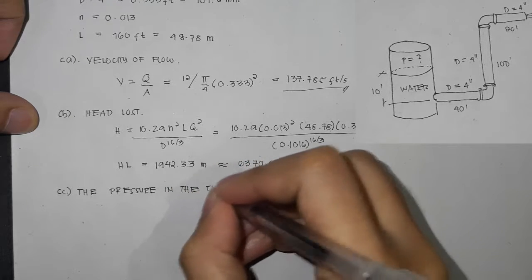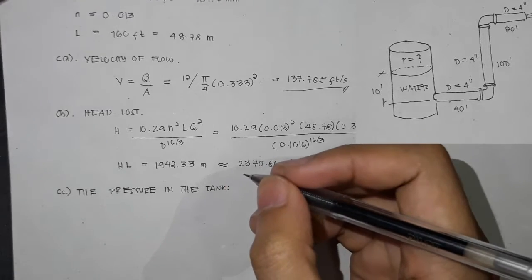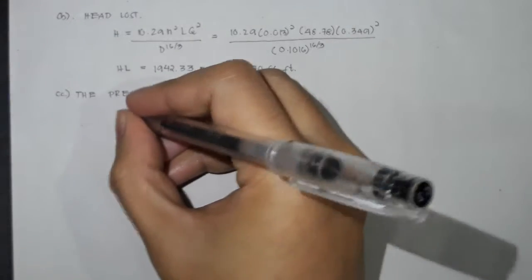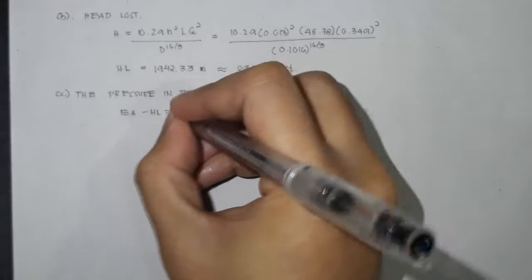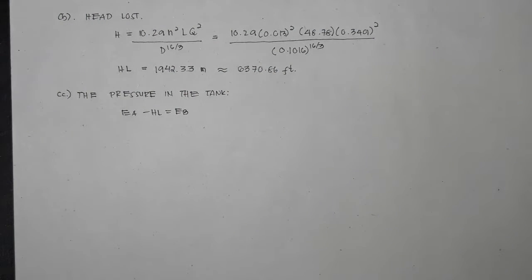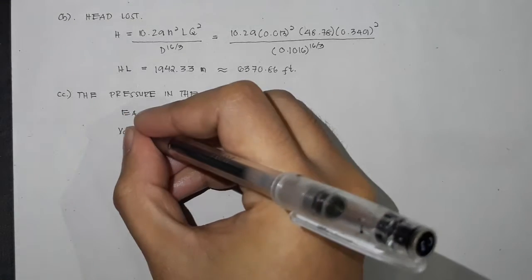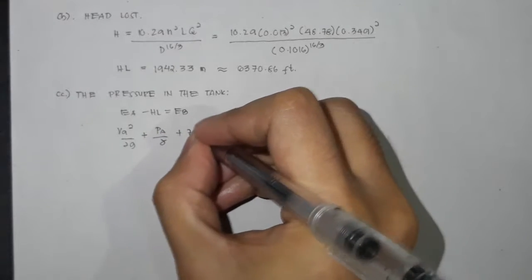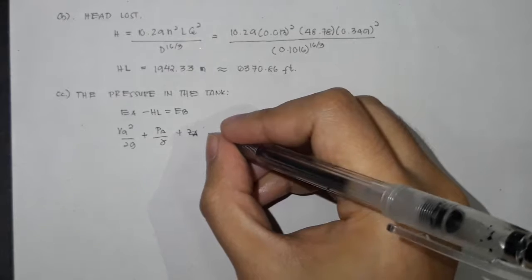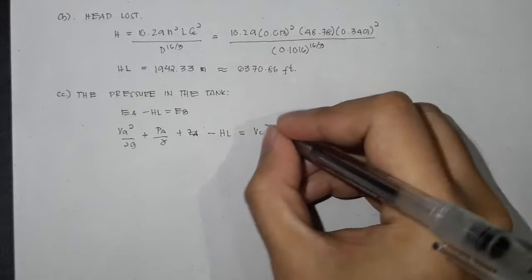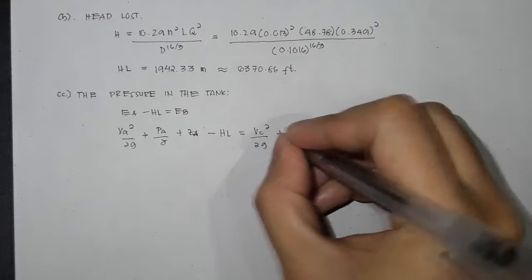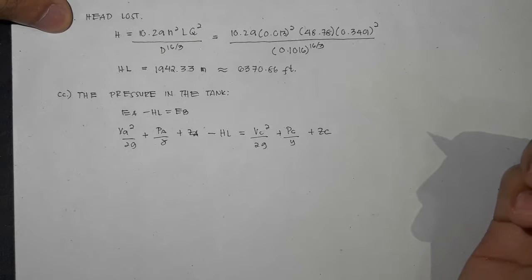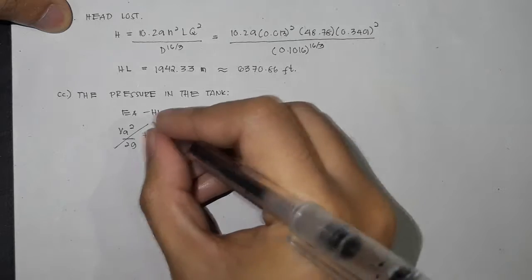The formula we are going to use for this is the energy equation at point A minus the head loss equal to the energy equation at point B or C. The energy equation at point A is equal to the velocity head plus the pressure head plus the elevation head of A, minus the head loss, equal to the velocity head at C plus the pressure head of C plus the elevation head of C. Since it is located at the top, the velocity of the water will be assumed as zero because it is negligible.